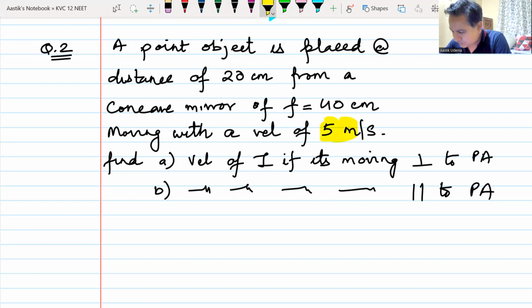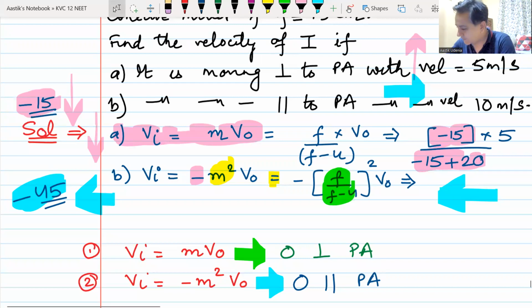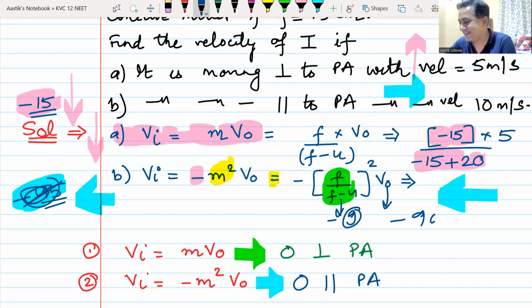As soon as I wrote 5 meter per second, I remember that here I multiplied it. After getting 9 from here, I multiplied it by 5. I should have multiplied it by 10. So the answer is not 45, it is minus 90. I realize it. Sir, first time we said it was minus 90, no, sir. That is correct, actually.